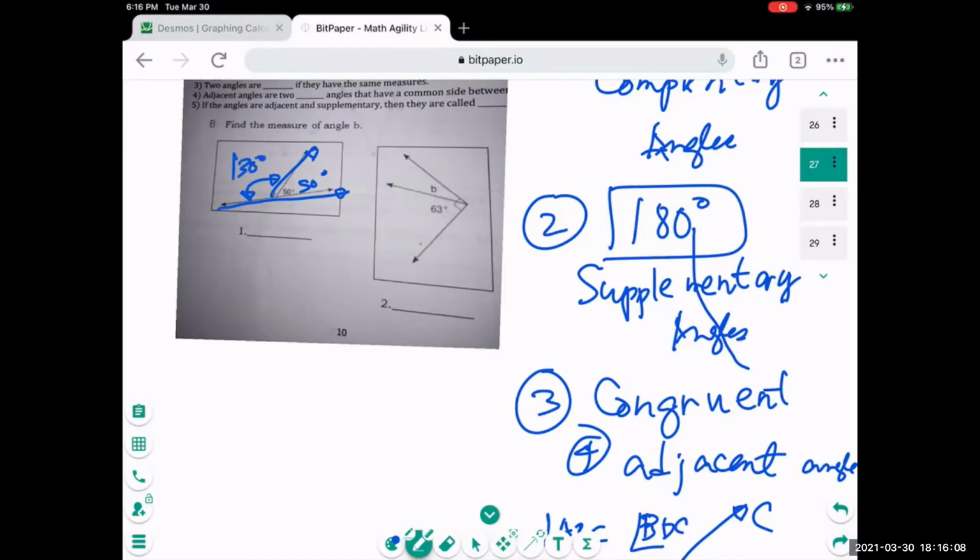And then for number 2, this is 90 degrees. Kung nakikita niyo yung symbol na to, this means this is 90. So if this is 63, this would be 27, right? So B is 27 degrees, because 90 minus 63 degrees is 27 degrees. So that's the answer for number 2, right?